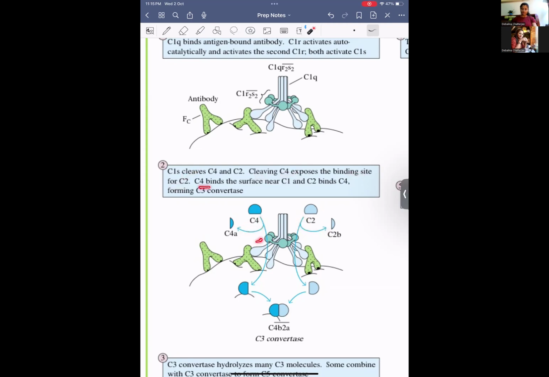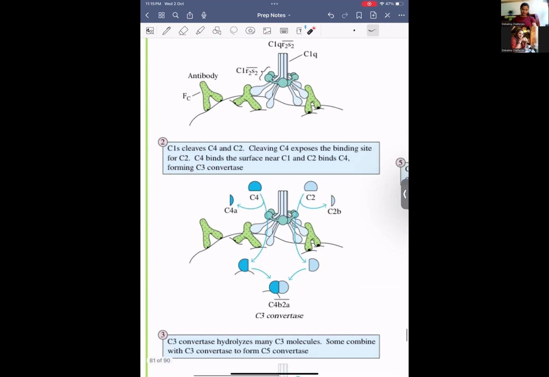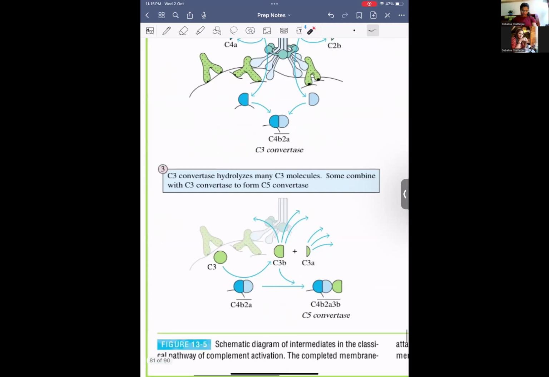C4b binds near the surface of C1, and C2 binds the C4, forming the C3 convertase. So this C4b molecule comes here, and the C2a molecule comes together in the formation of the C3 convertase. Now, C3 convertase hydrolyzes many C3 molecules.